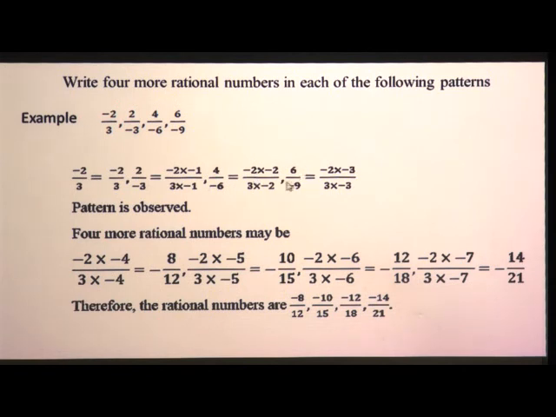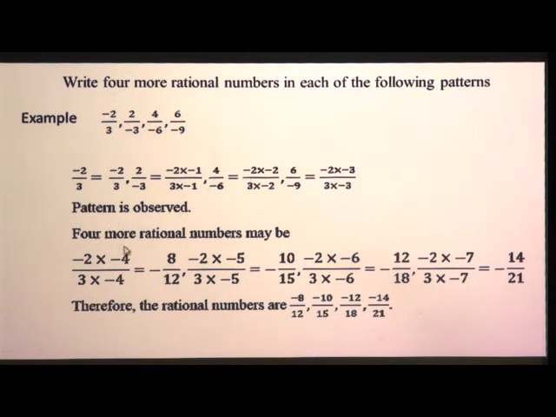Here 6 upon minus 9 can be written as minus 2 multiplied by minus 3, and you know minus into minus is plus, so 3 twos are 6. Here 3 multiplied by minus 3, because we want a minus in the denominator, so we multiply with minus 3 in the denominator as well as in the numerator. So, this pattern is observed here.